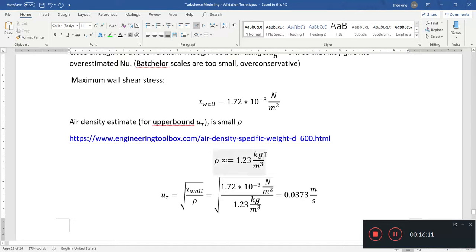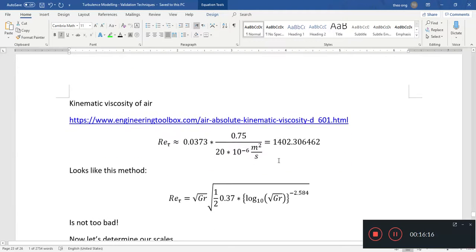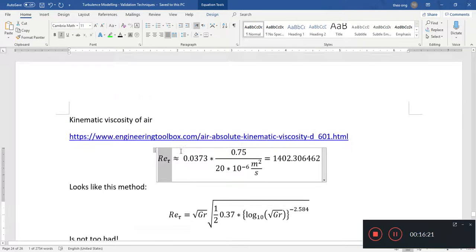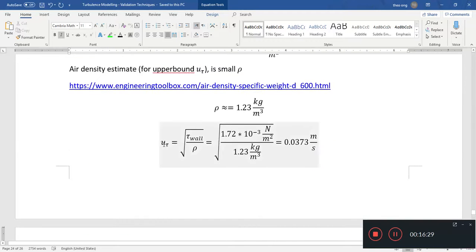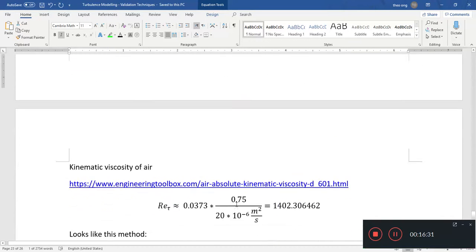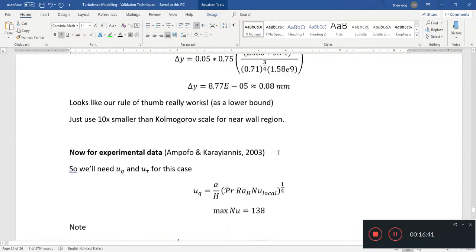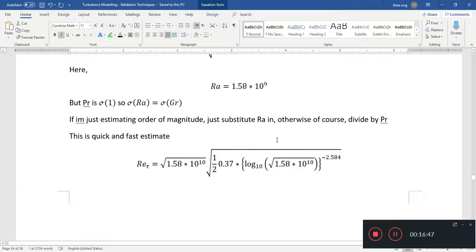You roughly try and read off the graph, and we find the friction velocity is about 0.03 to 0.04 meters per second. And when we calculate the friction Reynolds number, because this time it's really based on the wall shear stress that is experimentally determined, we see that our friction Reynolds number is actually about 1402, and 1402 is lower than, let's say, you compare it to here.